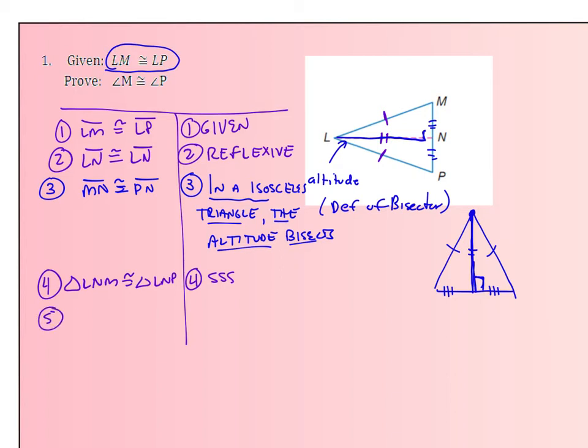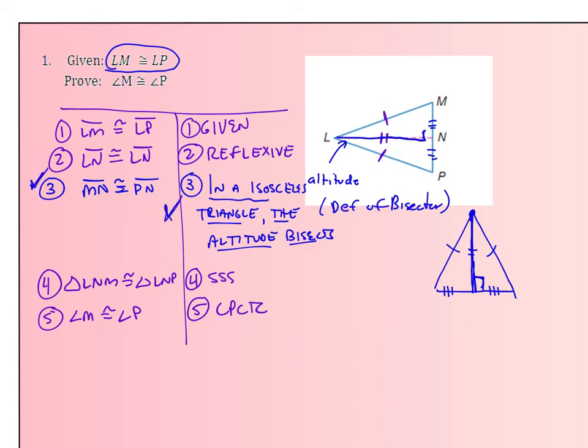Then my final piece would be CPCTC. So this blue step, step 3, is kind of my big part here.